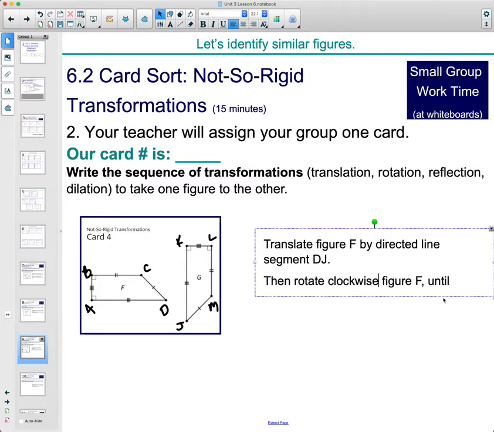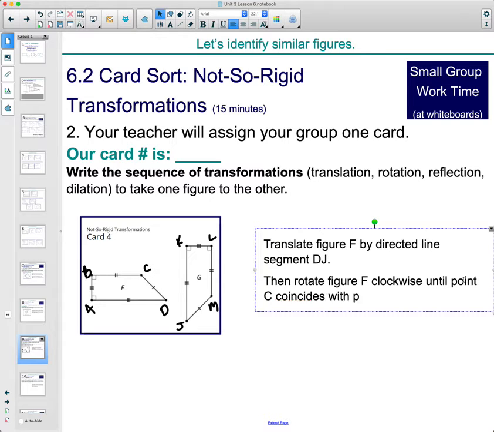Clockwise will be the quickest. So rotate figure F clockwise until point C coincides with point M. And again, you could have done until B coincides with L, until A coincides with K, whichever you wanted. But there isn't going to be a dilation here because these shapes are congruent.